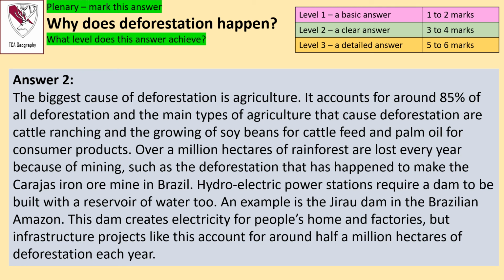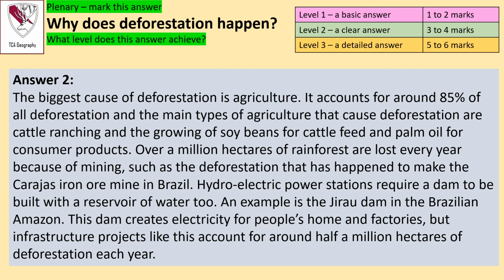If you think that is the perfect answer and they aren't missing anything at all, it's clear and it's detailed and it is enough to get 6 marks, then by all means give it 6, but up to you. So type in the Q&A box so that your teacher can see how many marks you think this answer gets.